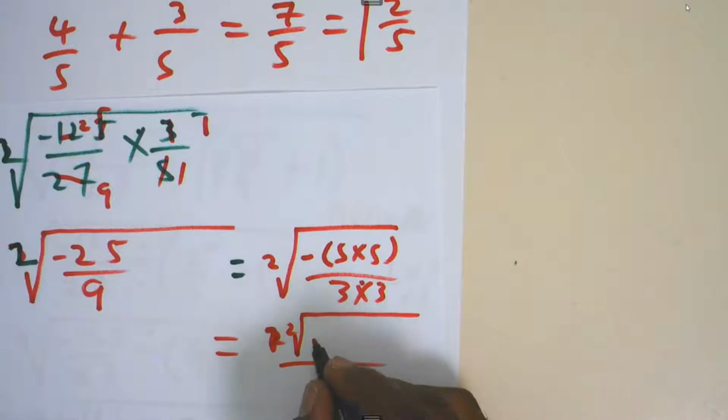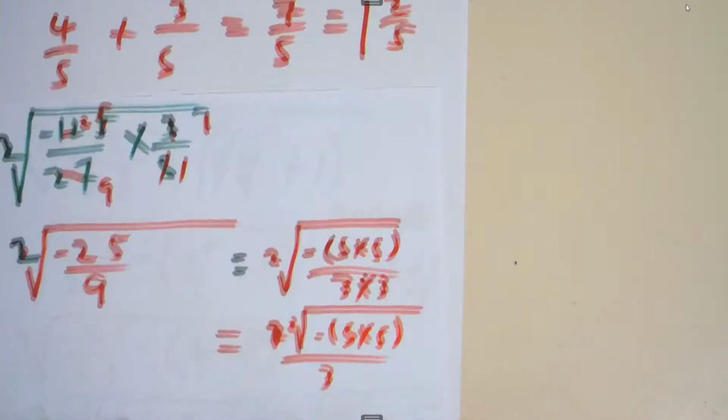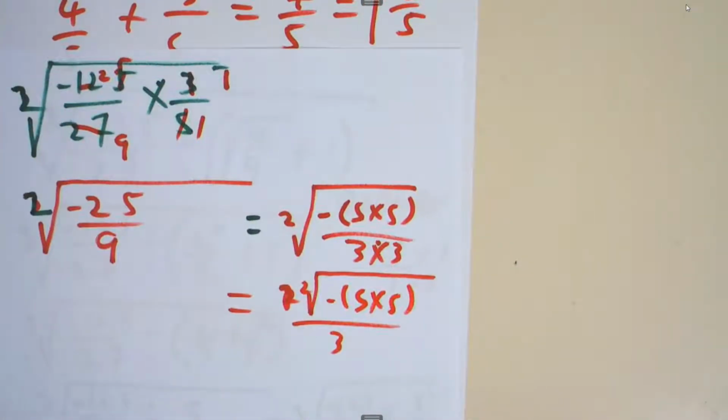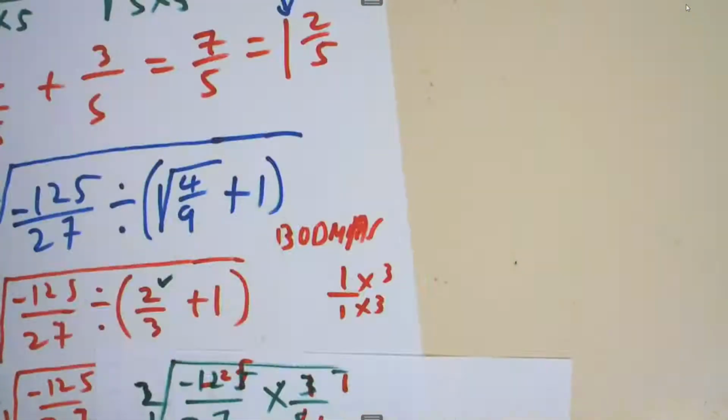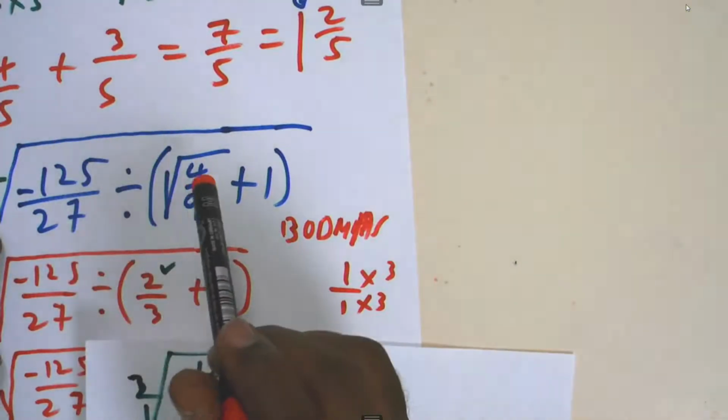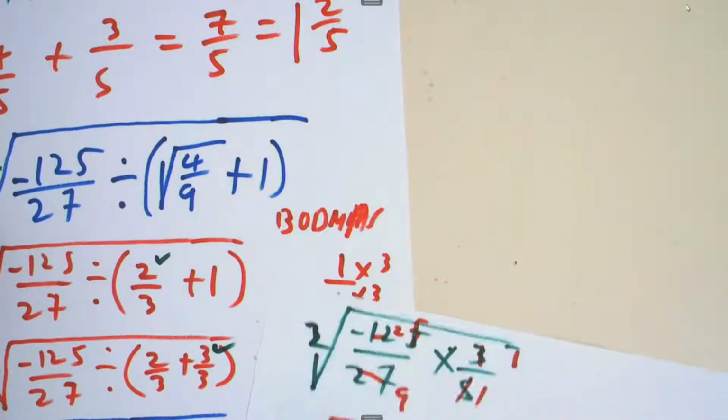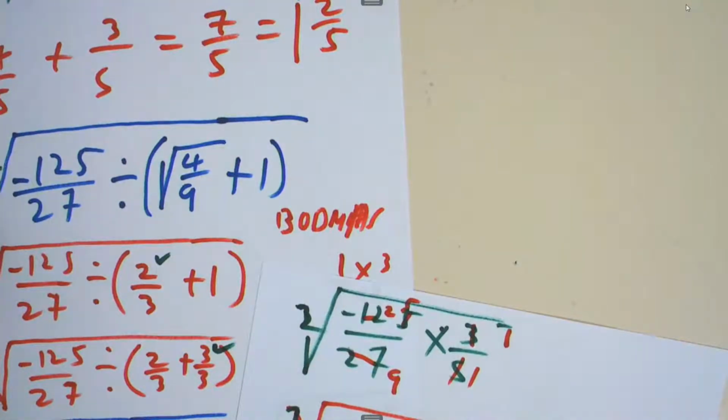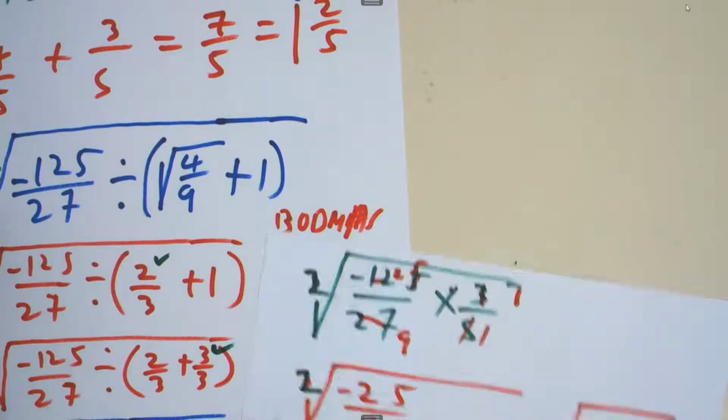The negative one you can't take out. Mathematically, it's undefined. It's a negative. We cannot have a square root of a negative number. That is the situation with number F, the one of -125 over 27 divided by 5 over 3.